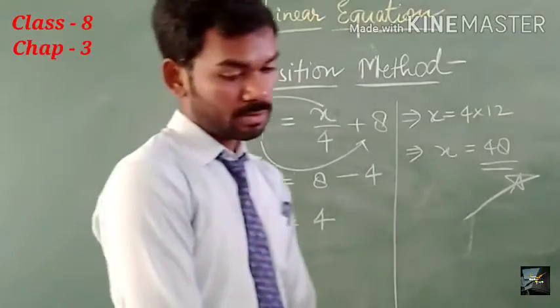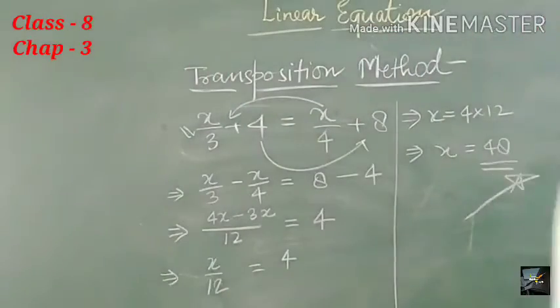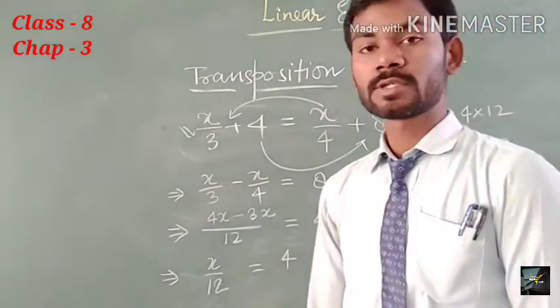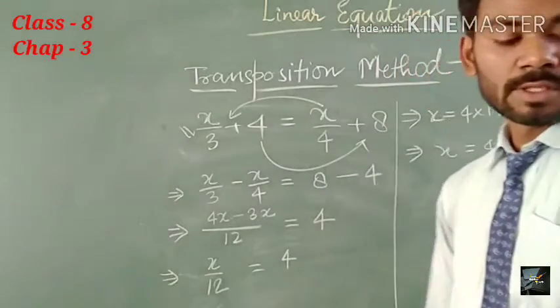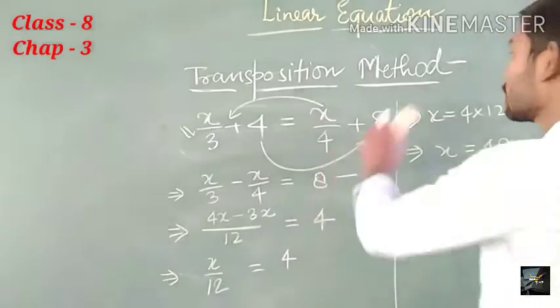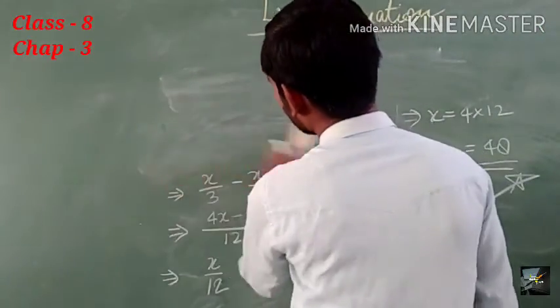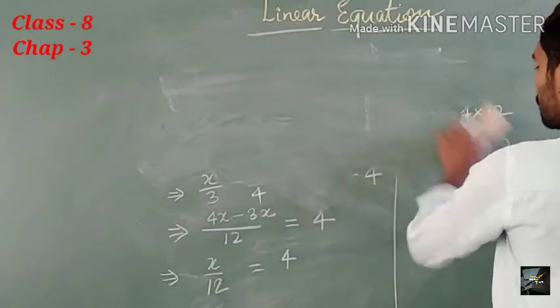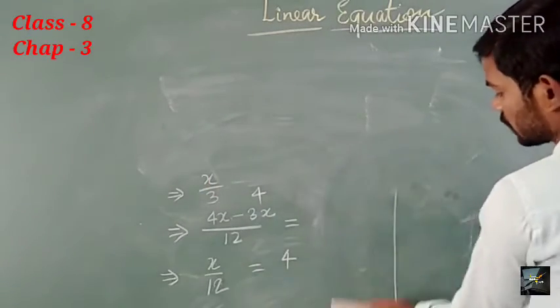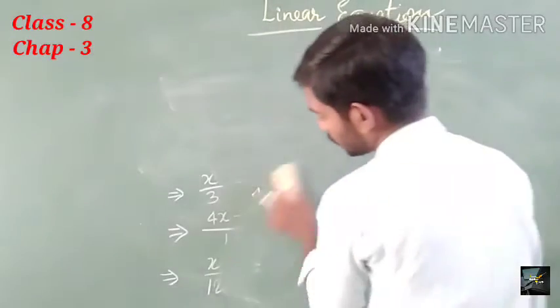Now the two main methods have been discussed here, through which we find the solution of the linear equation. Now we shall discuss some more questions based on these two methods, through which we shall find the solution of the linear equation.